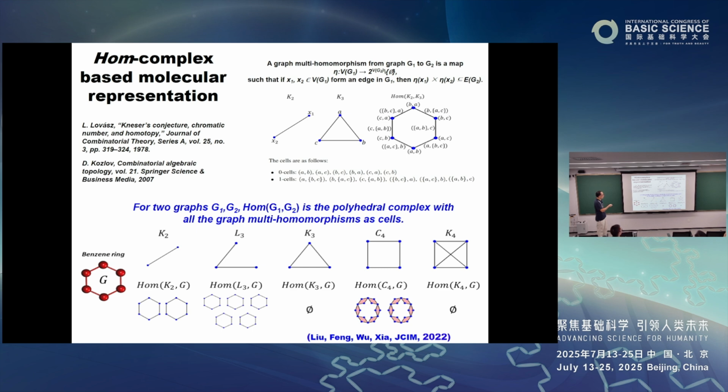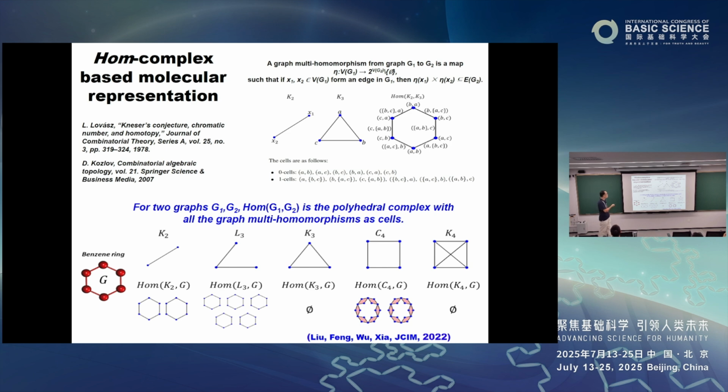For instance, I map X1 to A, and then I can also map X2 to a certain point. If I map X2 to C, then it's okay because AC is an edge, and here is the edge. But if I map X2 to A, then I have trouble because X1, X2 form an edge, and here you don't have a self-loop.